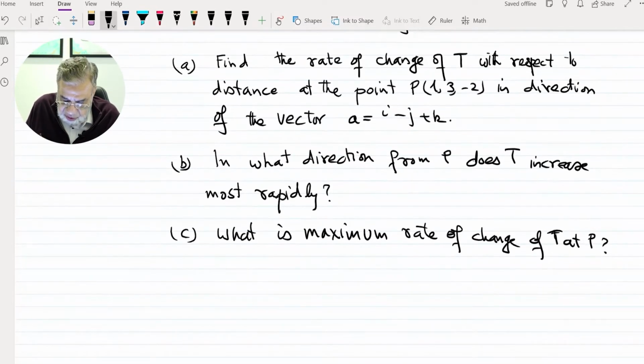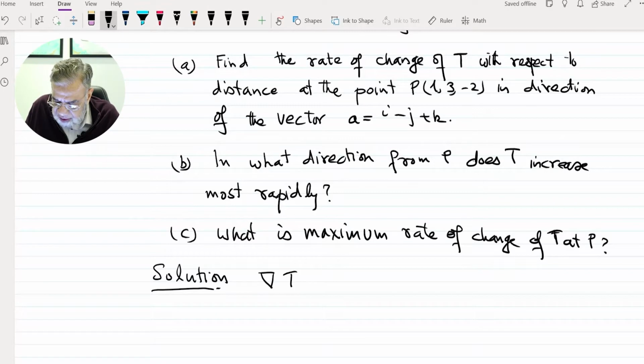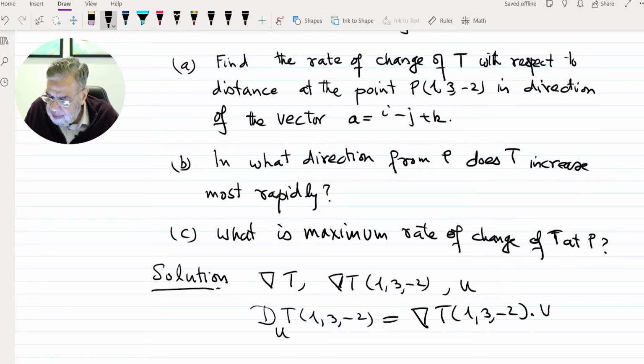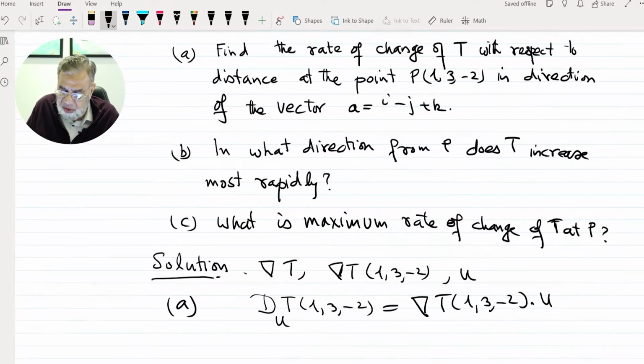The steps will be: we find the gradient of the function first, then we find the gradient of the function at the given point, then we find the unit vector, and then we find the directional derivative of the function at the point in the direction of vector u. This is the gradient of the function at the point, dot product with u. That's my solution for a. So go step by step.